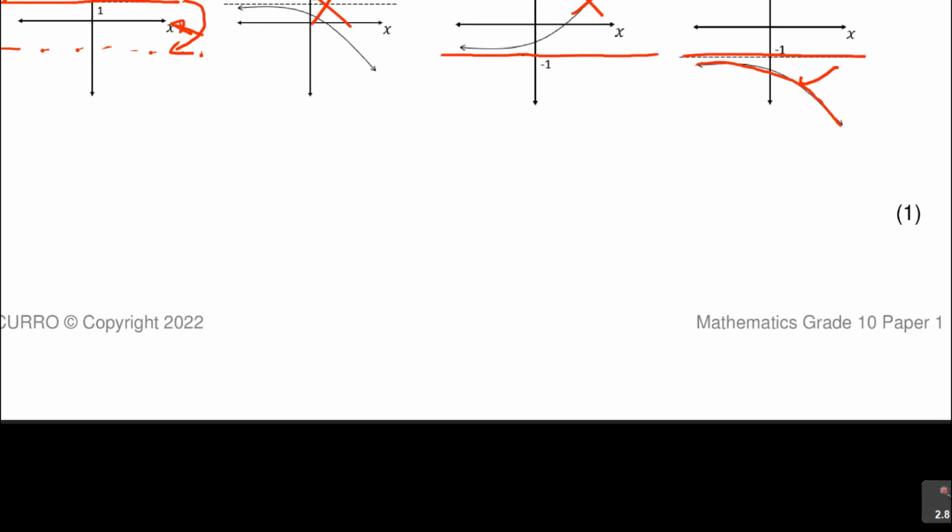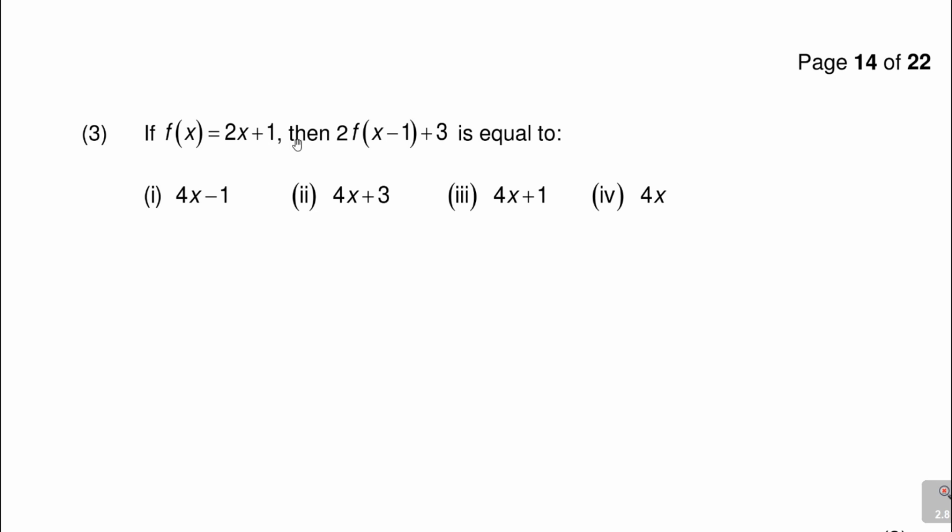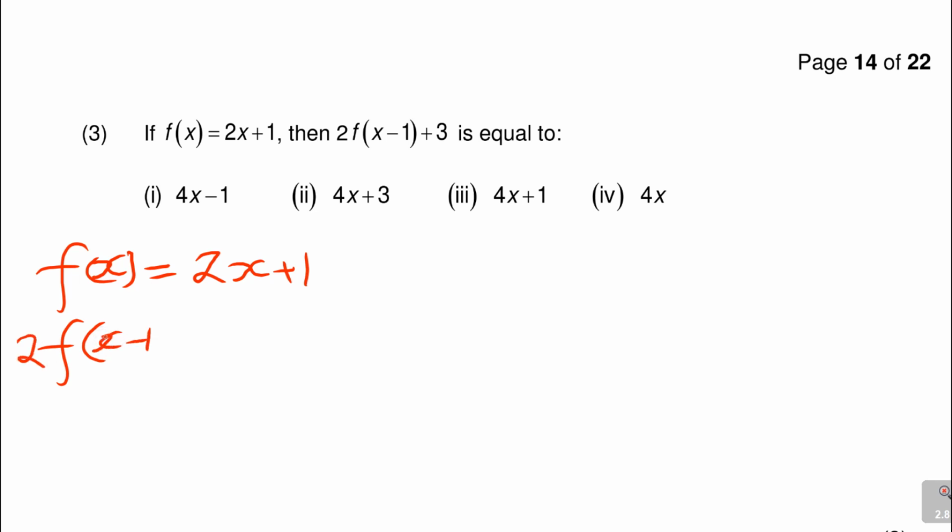So the next question, question 3, right, question 3. If f of x is 2x plus 1, then 2 f of x minus 1 plus 3 is equal to what? Let's do this. We are saying f of x is equal to 2x plus 1. What about 2 f of x minus 1?